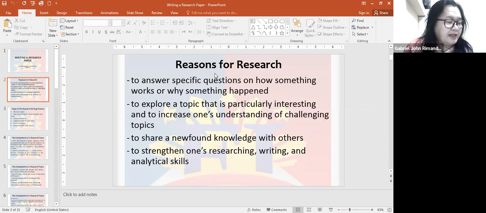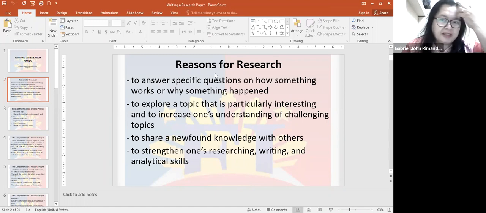So on slide 1, the reasons for research, these are what we call the whys and wherefores of research. Look at the first reason. It answers a specific question on how. Aside from how, it will also answer the question why something has happened, how something works, or how do we go about the discussion or learning new things.